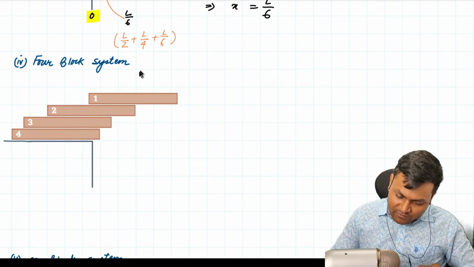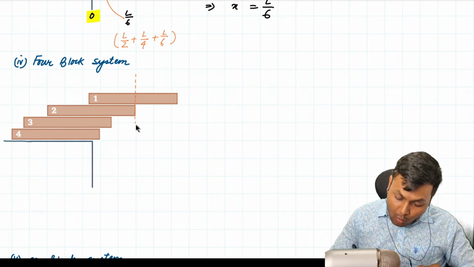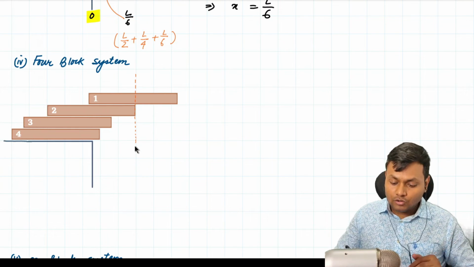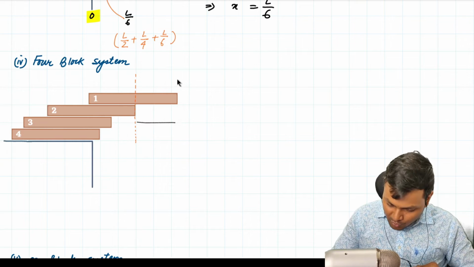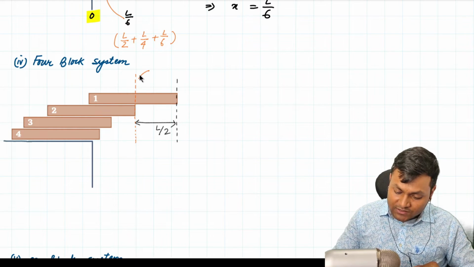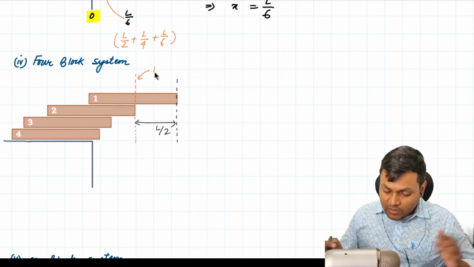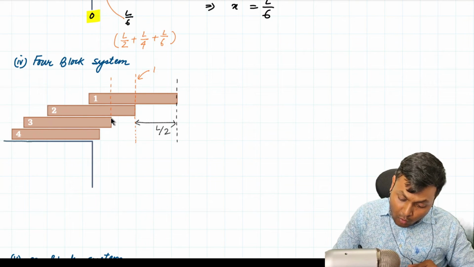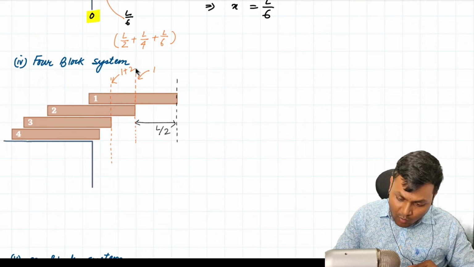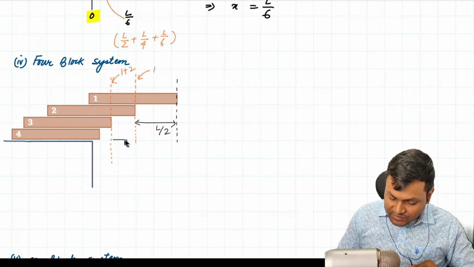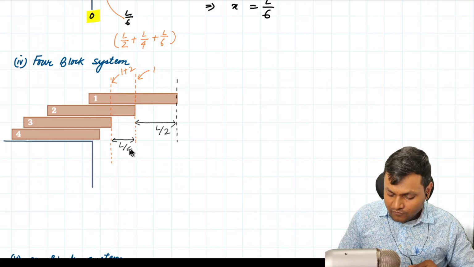In the 4-block system, the center of mass of block 1, to be balanced on top of block 2, must be here at a distance of L upon 2. So this is the center of mass of block 1. And similarly, the center of mass of blocks 1 and 2 combined must be somewhere here, such that this particular distance is L upon 4.